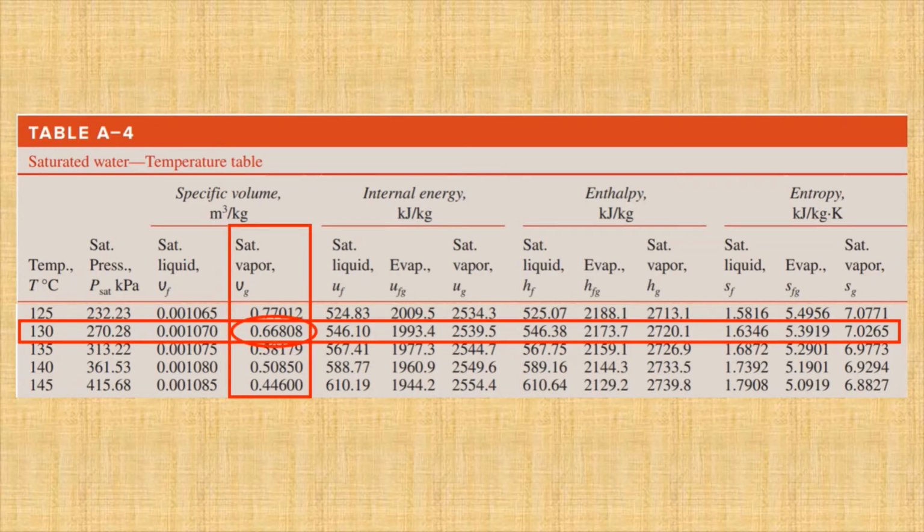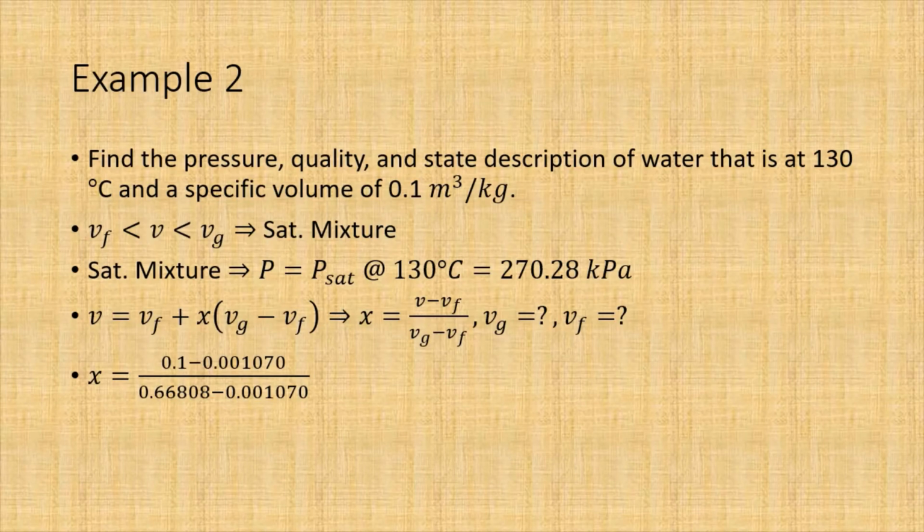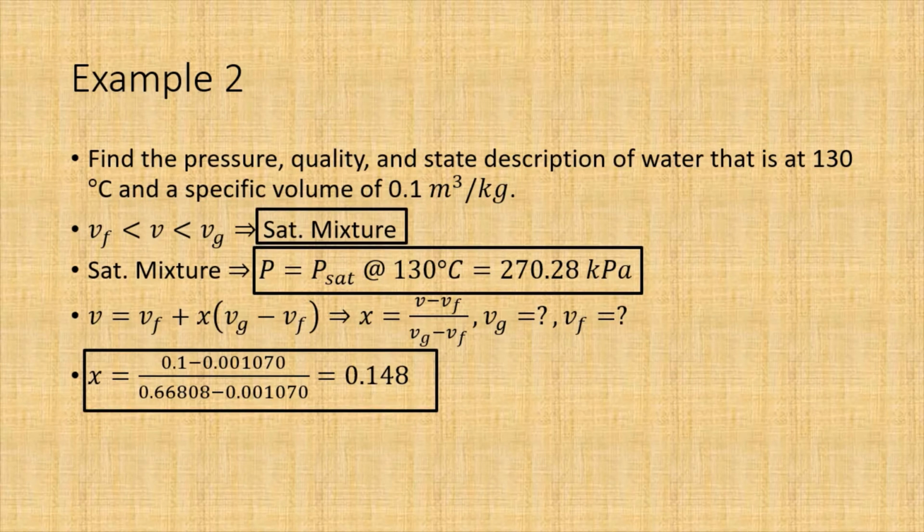Entering these values into our derived formula, we find that the quality x is equal to 0.148. We have now completed this example, and the final answers are in a box.